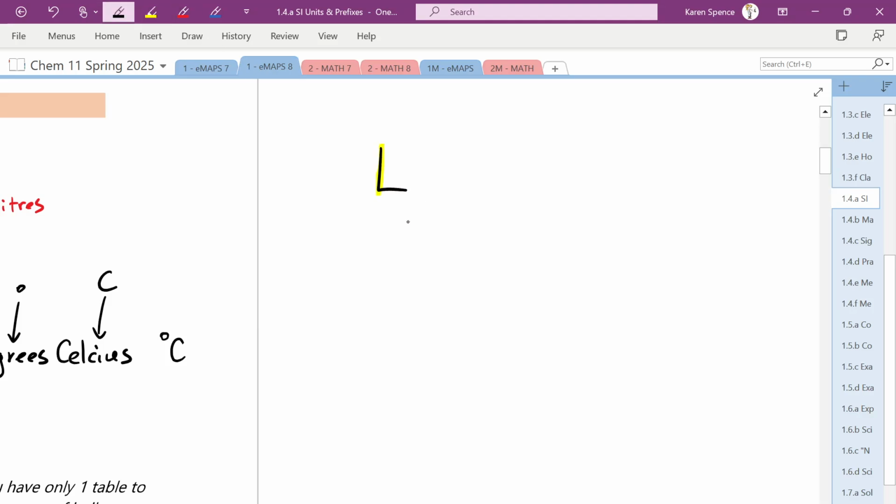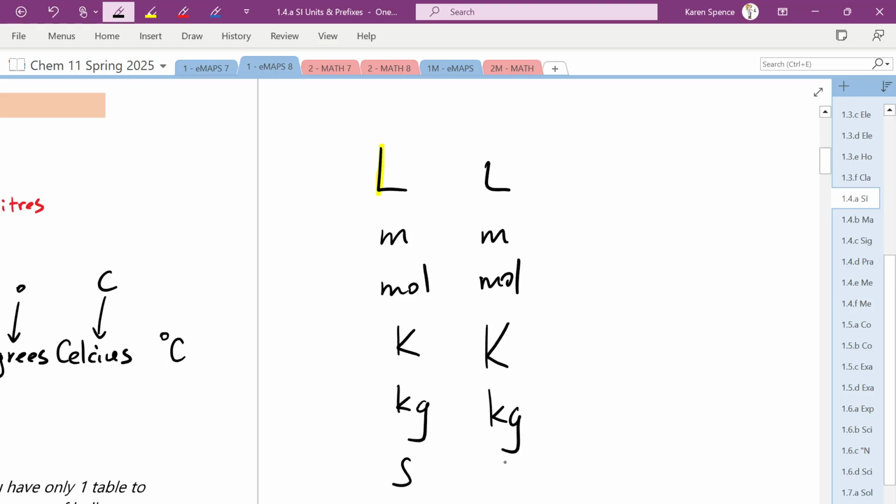Liters, meters, moles, and Kelvin, kilograms and seconds. Liters, meters, you're coming in on the next round. Moles and Kelvin, kilograms and seconds. Everybody, liters, meters, moles, and Kelvin, kilograms and seconds.